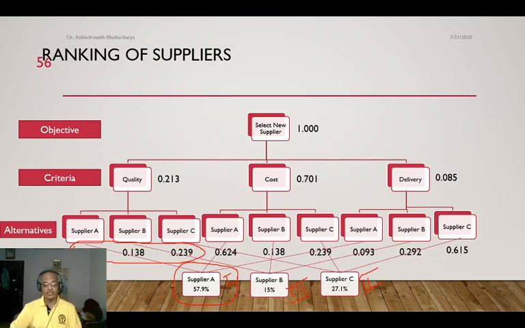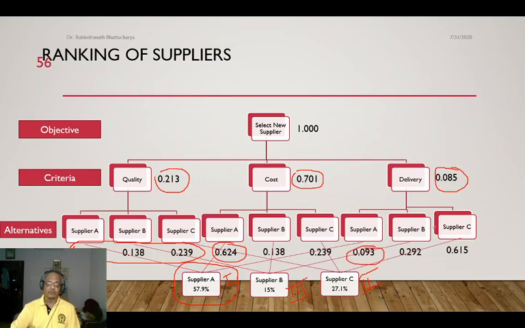So how will you calculate the ranking of supplier A, for example? I'll have to do 0.213 multiplied by 0.624, then 0.701 multiplied by 0.624, plus 0.085 multiplied by 0.093.